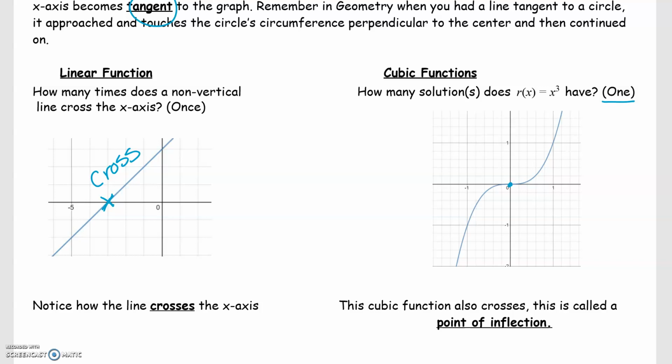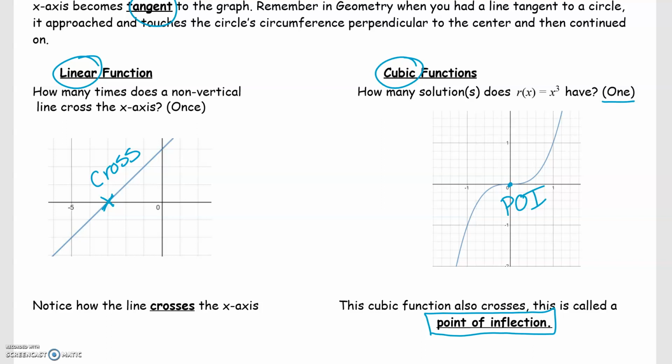Okay, notice how a cubic and a linear, they both cross the x-axis, but this isn't the same as a linear. Okay, and this is actually called a point of inflection. So point of inflection, instead of rewriting that every single time, we're going to abbreviate as POI. Right at the x-intercept, in a way, it would be a point of inflection.